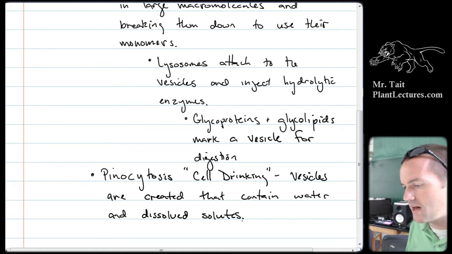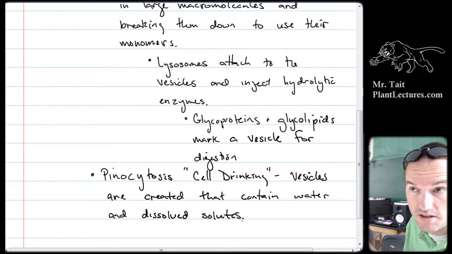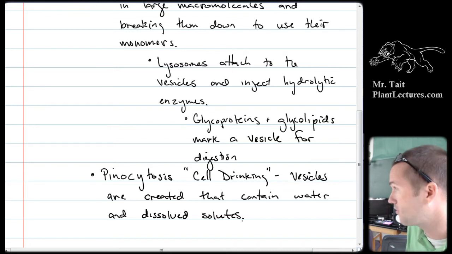Do you think that a lysosome is required for this? Does a lysosome have to come in and break down anything in that? No, it's just dissolved solutes, so they don't need to be broken down any further. Okay.